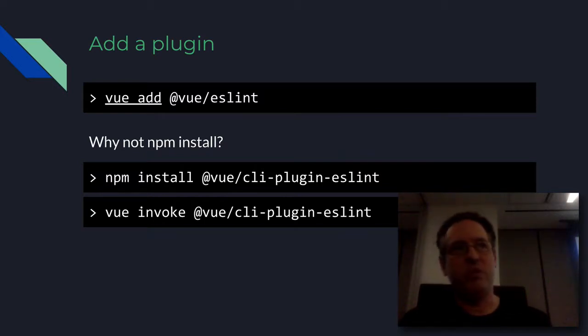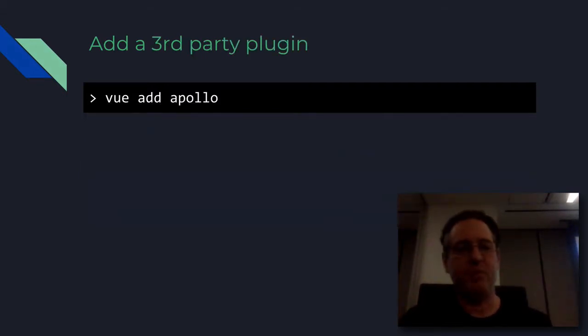And what vue invoke is going to do is use that plugin API we've been talking about. So you can write JavaScript files that will modify your project and do things that weren't possible by npm alone. Or at least it heavily simplifies it.